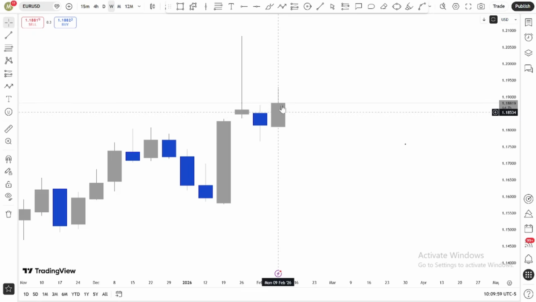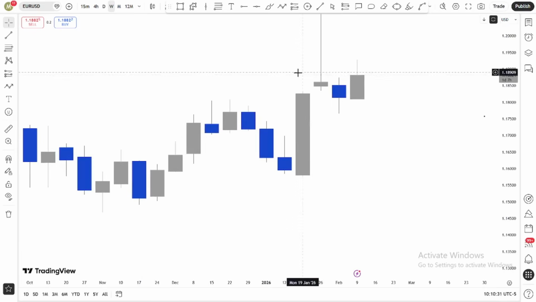I'm making this video on a Thursday, so this candle represents what happened on Monday, Tuesday, Wednesday, and Thursday. You can see from Monday to Thursday, price has been bullish.